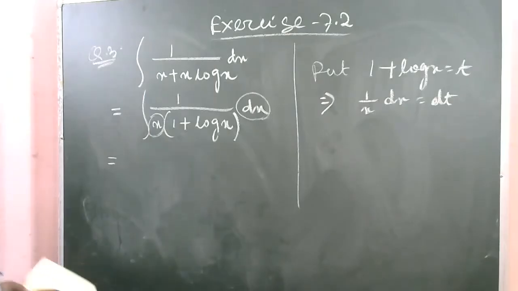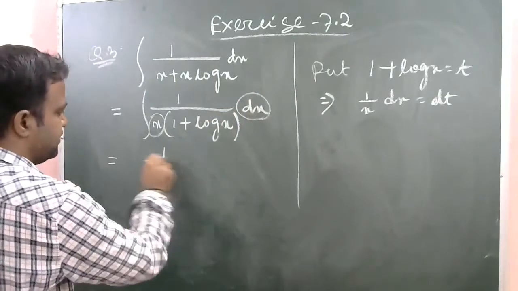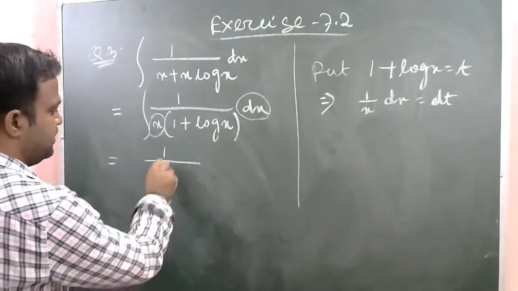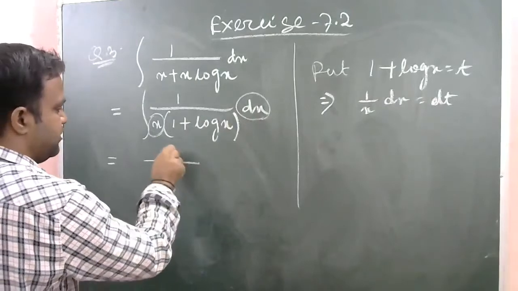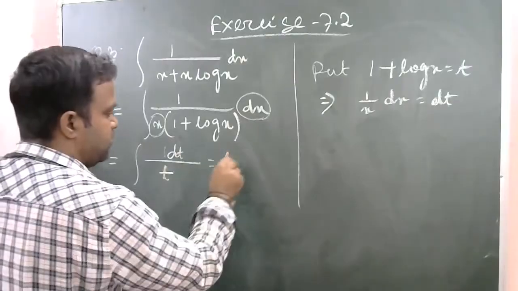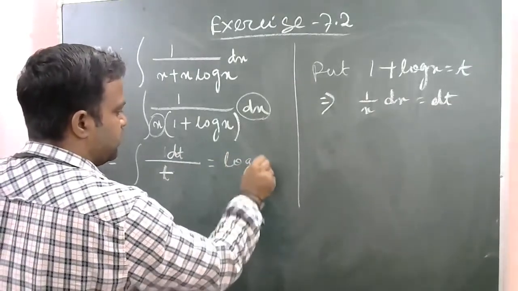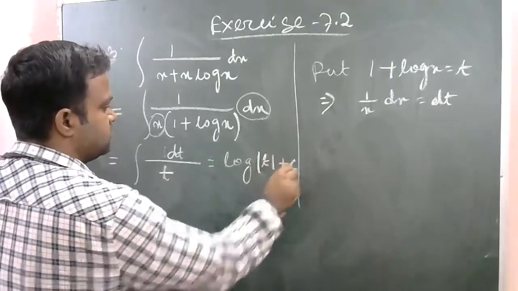So here 1 plus log x is already taken, that is your t, and in the numerator dx is converted to dt. Now 1 upon t dt is an already known function to you. This is log t plus c.